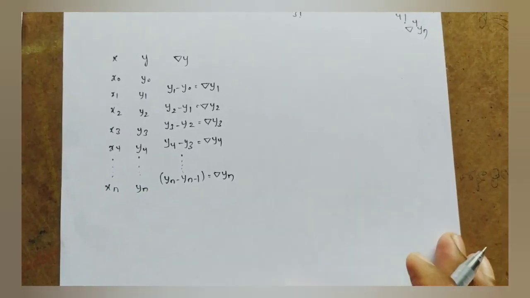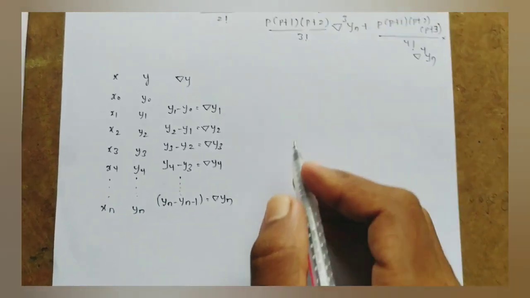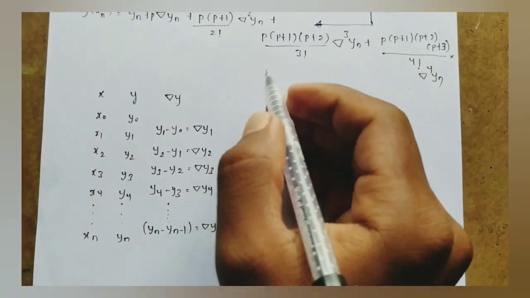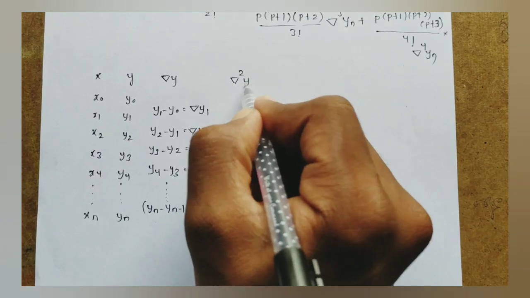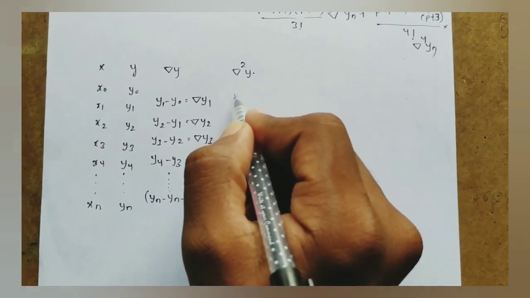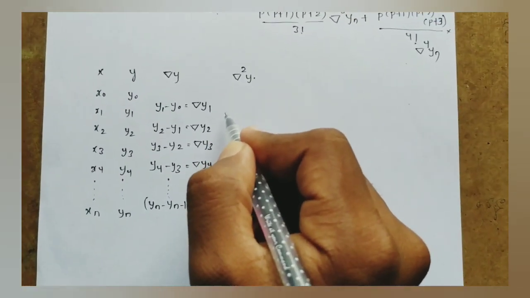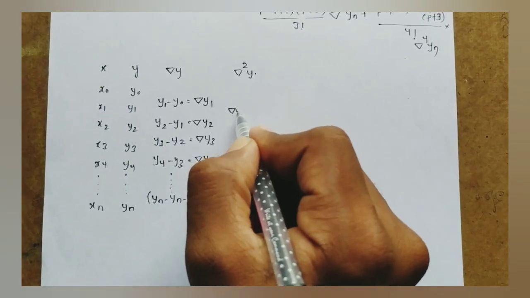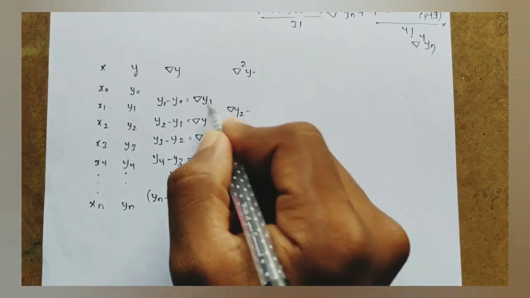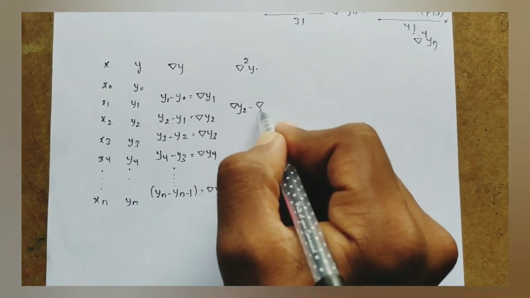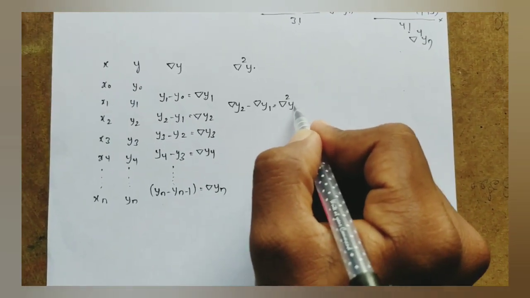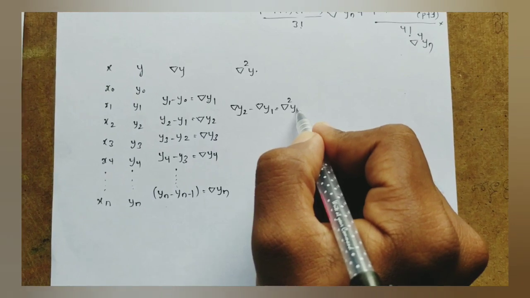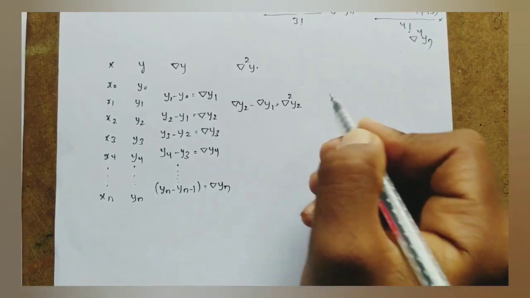This is the final del yn value. Similarly we can find the value of del square y. Del square y is also the difference: del y2 minus del y1 gives del square y2.